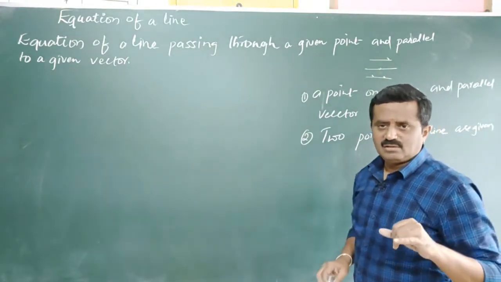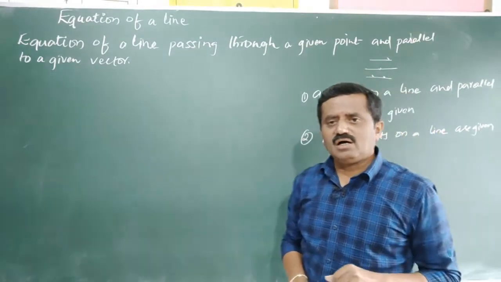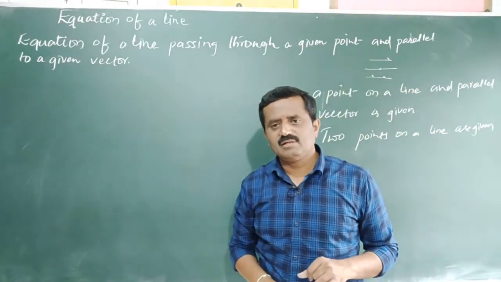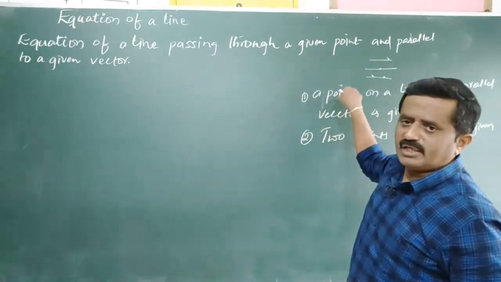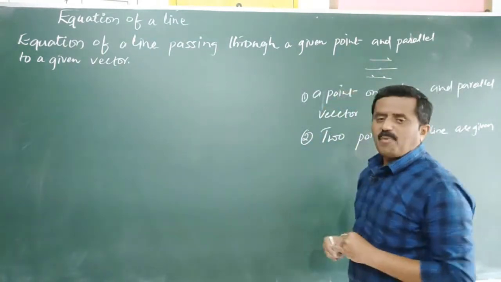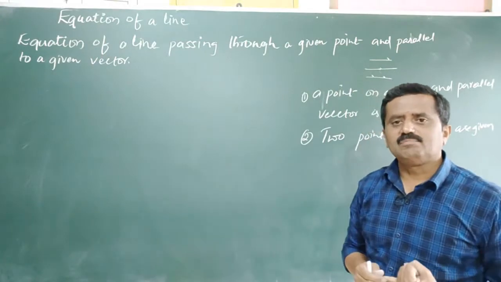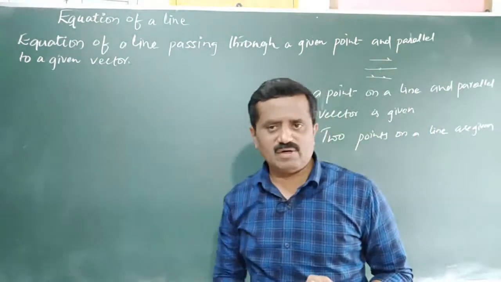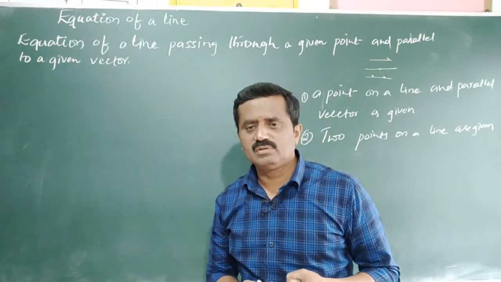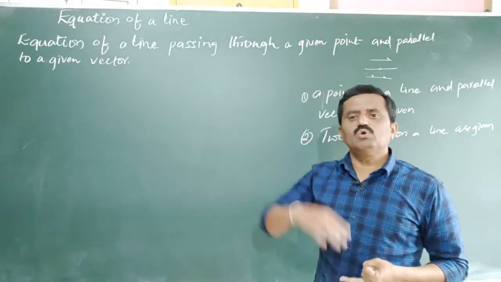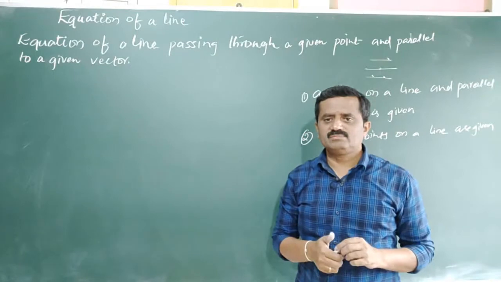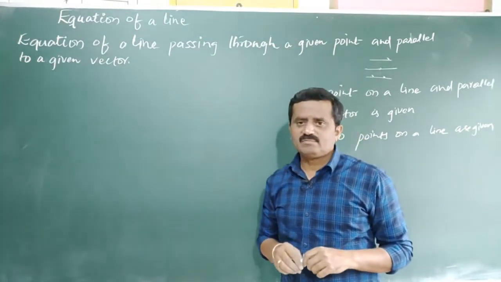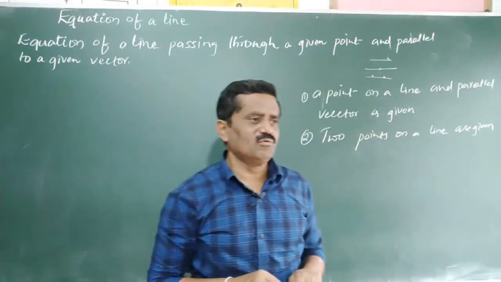Again, the equation of a straight line can be uniquely determined if, number 1, a point on a line and a parallel vector are given; number 2, two points on a line are given. Okay, so we'll see one by one.